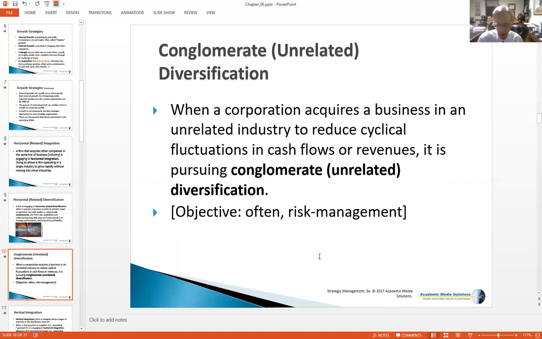The problem is that when recessions occur, most industries don't increase, and most of them decrease. And so, although the risk management objective here was certainly understandable, it was hard to accomplish. And diversification generally has not been a very successful strategy.